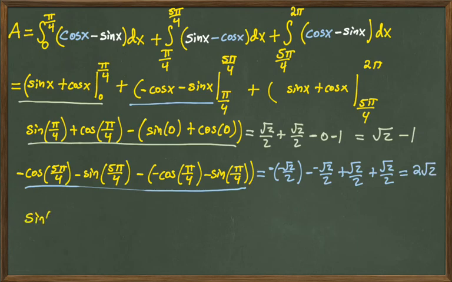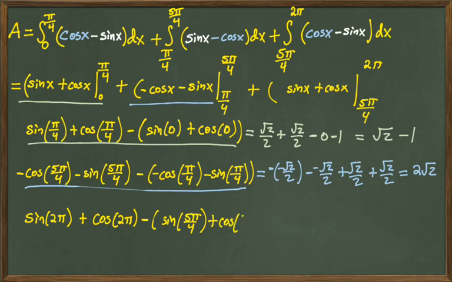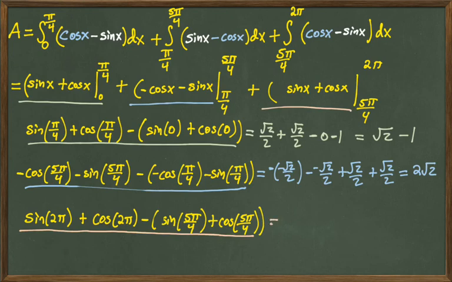Okay, and then finally the last one, the sine of 2 pi plus the cosine of 2 pi minus the sine of 5 pi over 4 plus the cosine of 5 pi over 4. Okay. All right, so the sine of 2 pi is going to be 0.